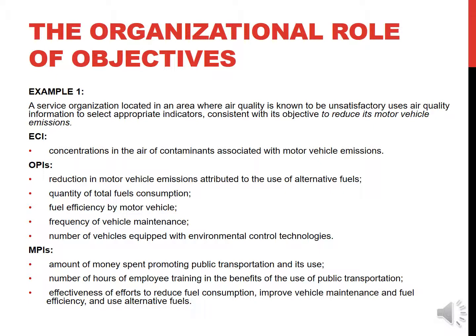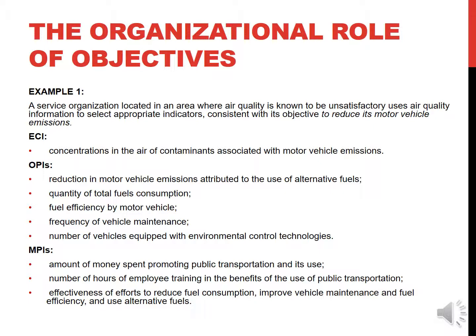First example, if we have a service organization located in an area where air quality is bad, it's unsatisfactory. They use air quality information to select the appropriate indicators, because one of its objectives in its EMS is to reduce its motor vehicle emissions. The service organization might be a cab company or a delivery company.